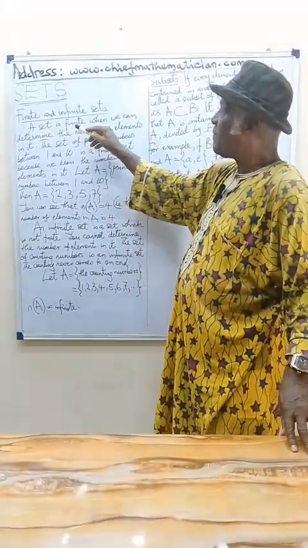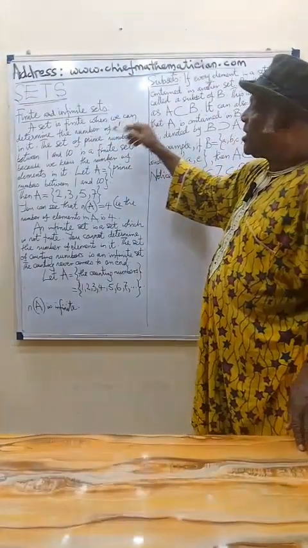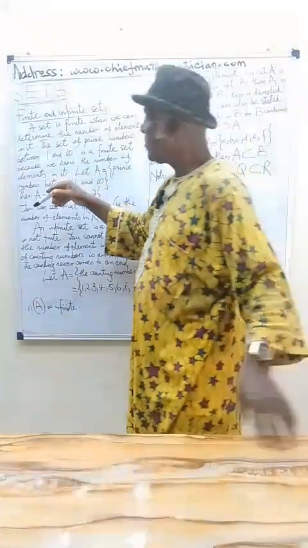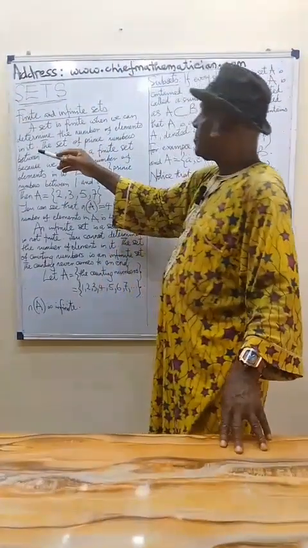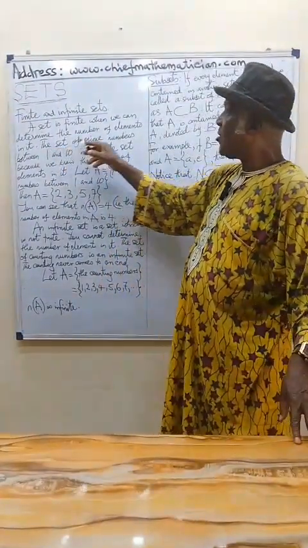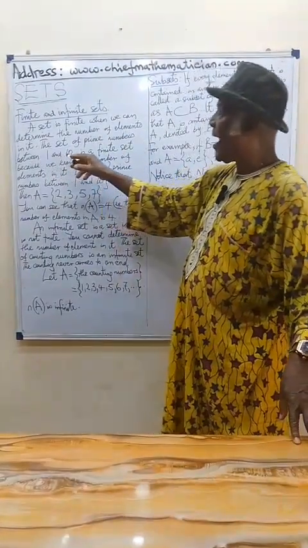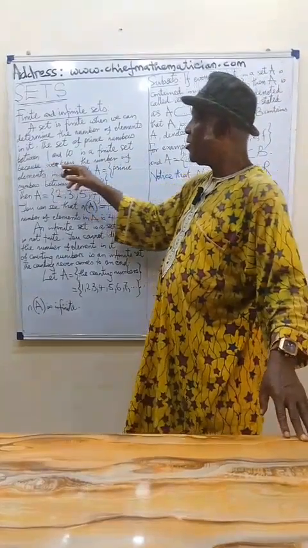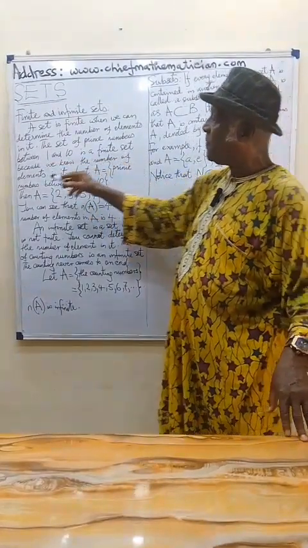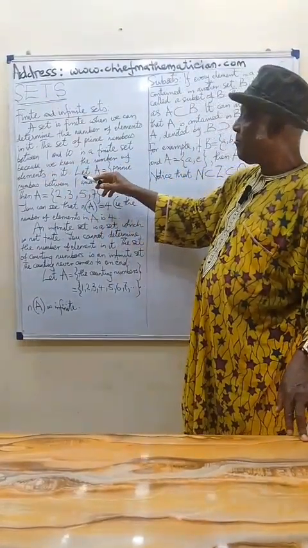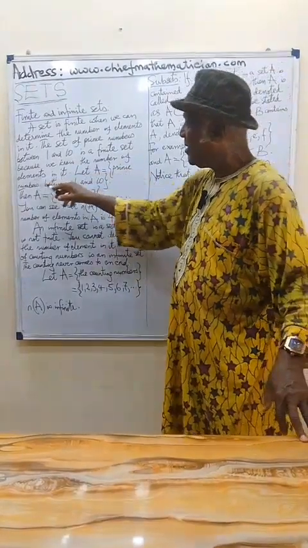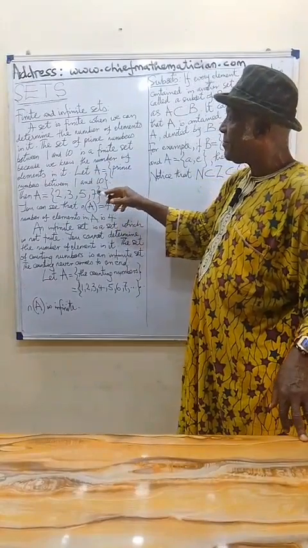A set is finite when we can determine the number of elements in it. The set of prime numbers between 1 and 10 is a finite set because we know the number of elements in it. Let A equal the set of prime numbers between 1 and 10.